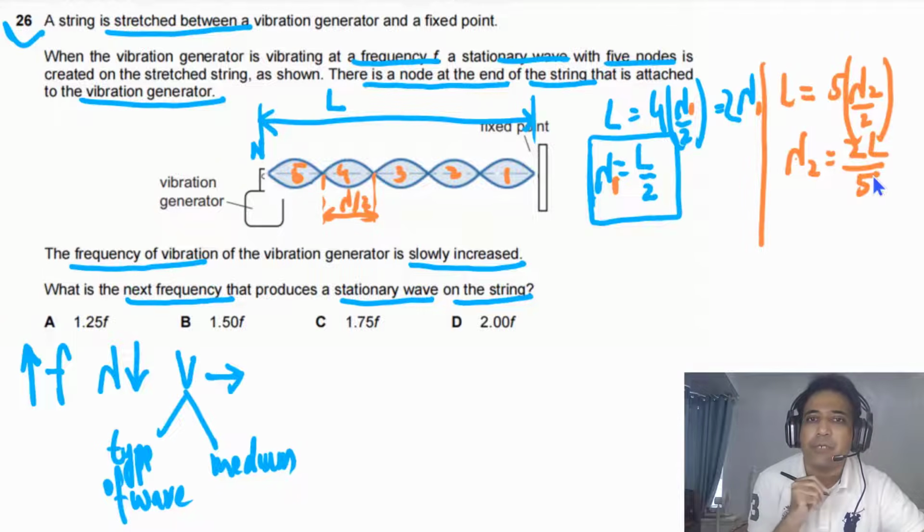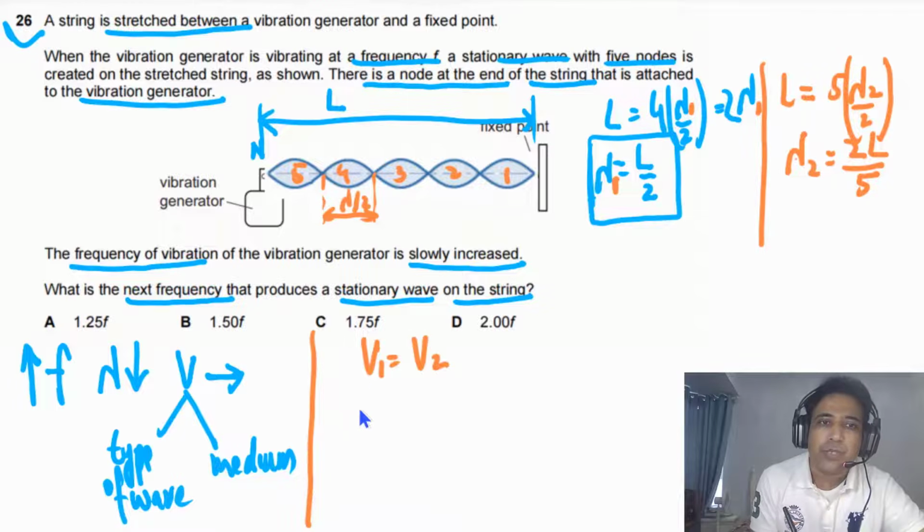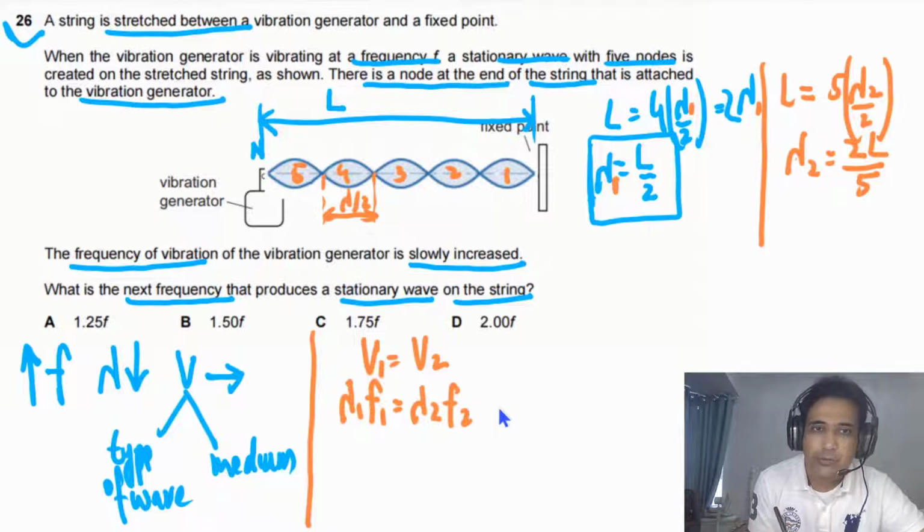But we have already discussed that in this case speed is constant. So V1 is equal to V2. So lambda 1 times F1, that is F, has to be equal to lambda 2 times F2. So F2 we need to find out.